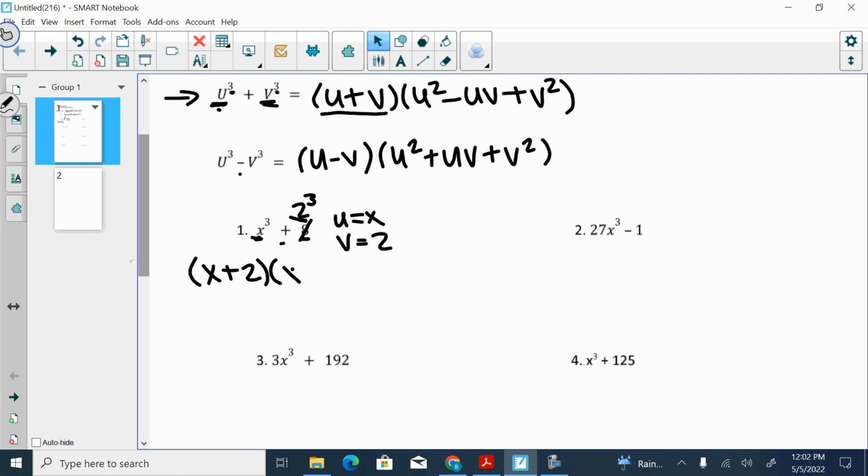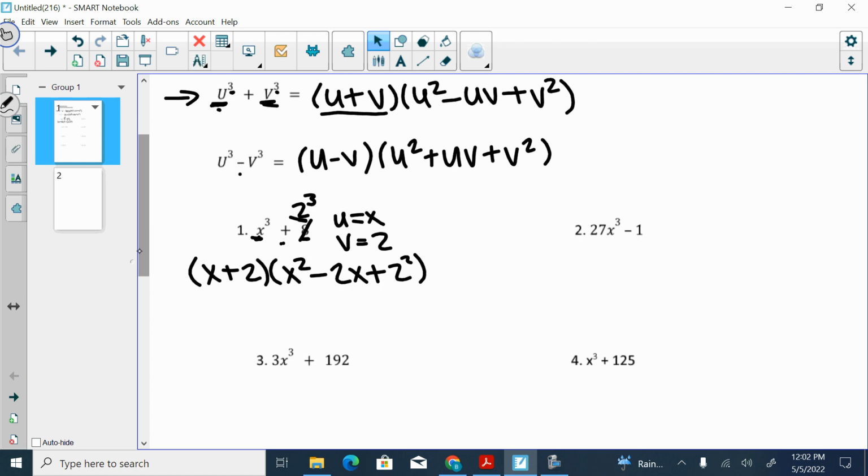So I'm going to have x squared, minus u times v. For us, that would be x times 2. What is x times 2? Just 2x. And then last, I'm supposed to have plus v squared. What was our v? 2 squared.